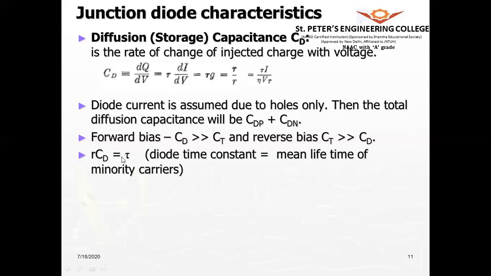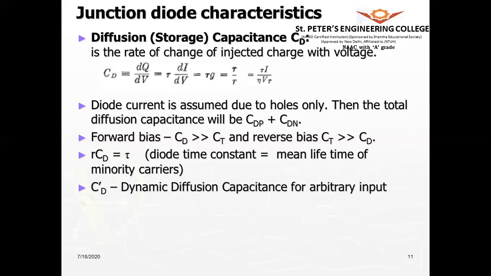R CD is the time constant of the diode, which is represented by tau. This time constant is the mean lifetime of the minority carriers. This is a very important parameter which will be used to calculate the on time and off time of this diode. C dash D is the dynamic diffusion capacitance for any arbitrary input, and just like the diffusion capacitance, we can also compute the dynamic diffusion capacitance.